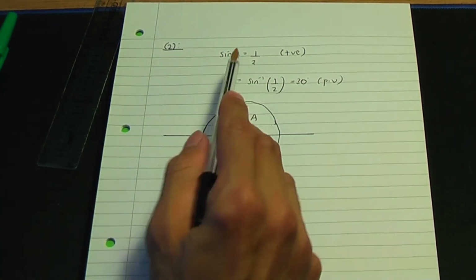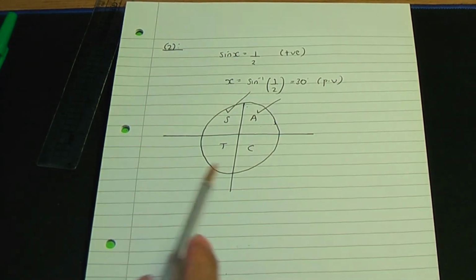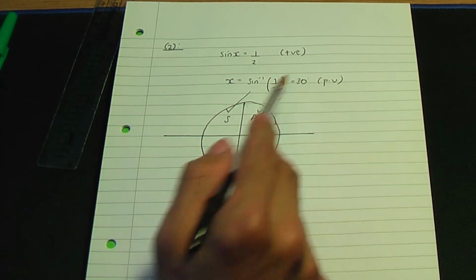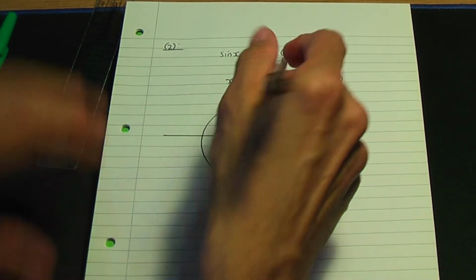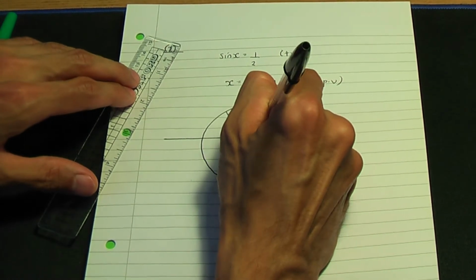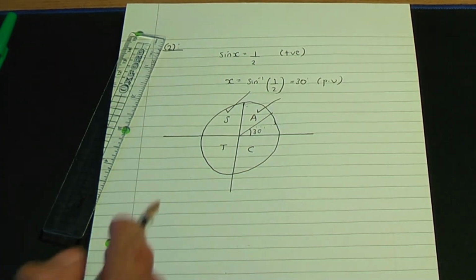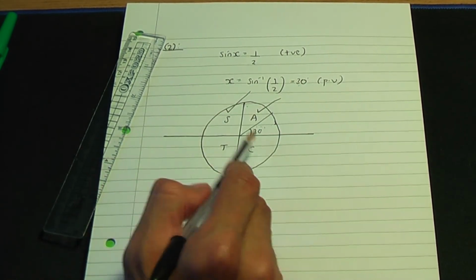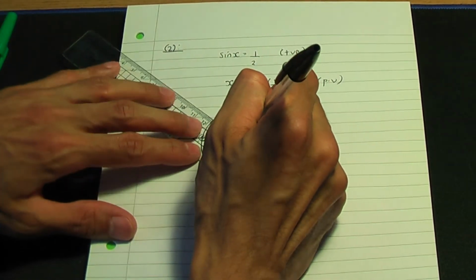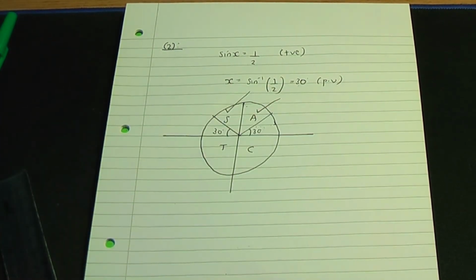Sine is positive in the first and second quadrants. So in the first quadrant, 30 degrees from the horizontal. Let's take a ruler, a rough representation of 30 degrees in quadrant 1, and 30 degrees from the horizontal in quadrant 2, again a rough representation. Here's 30 degrees in quadrant 2.